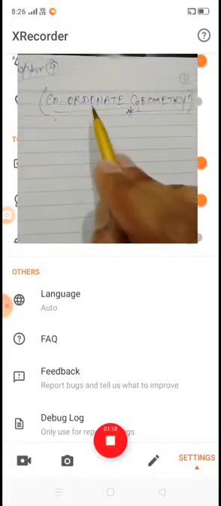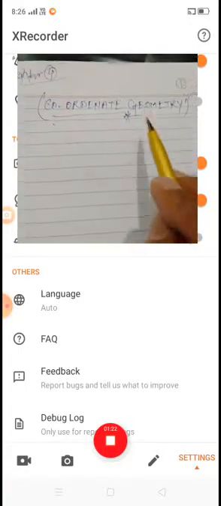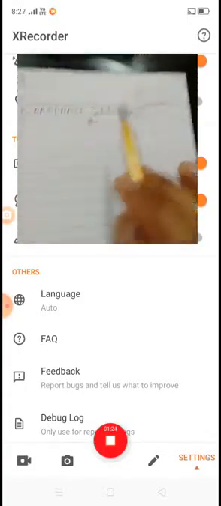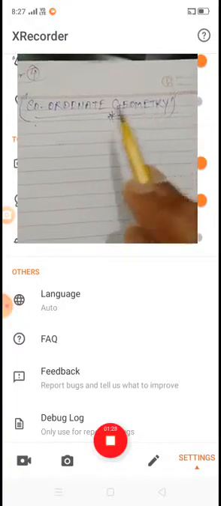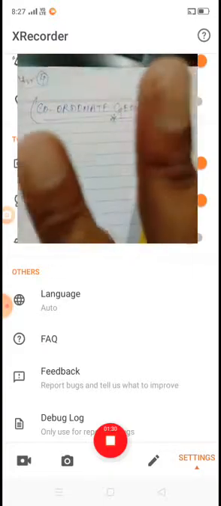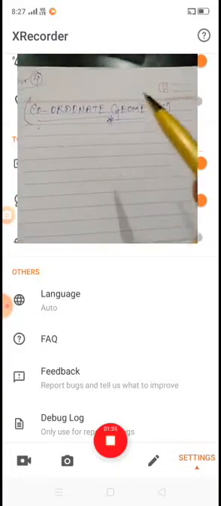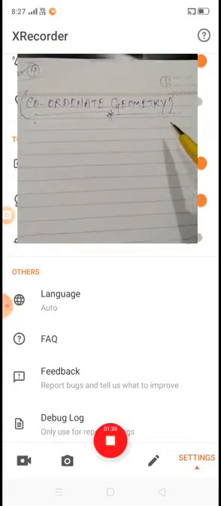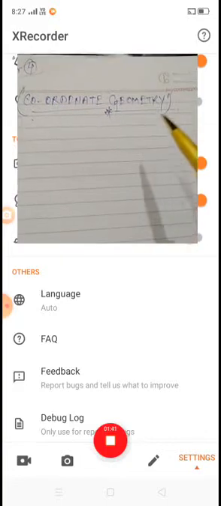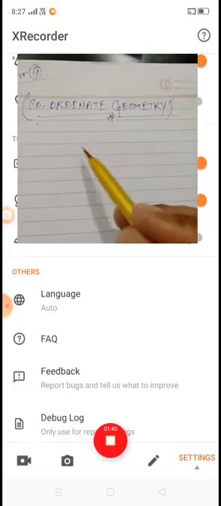In this chapter, in coordinate geometry, we shall first define the coordinates of a point in a plane with reference to two mutually perpendicular lines in the same plane. We shall also learn about the plotting of points in the plane.